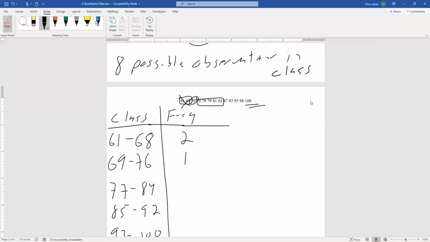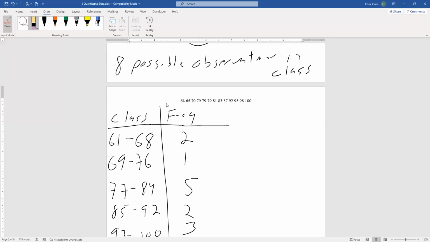All right, so even though 79 is repeated 3 times, 5 observations. And then there are going to be 2 observations between 85 and 92. And then finally, we have these last 3 observations that are going to be between 93 and 100.